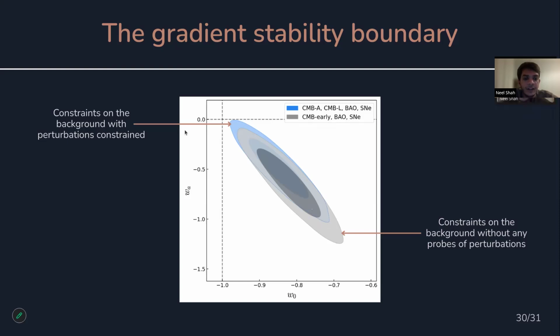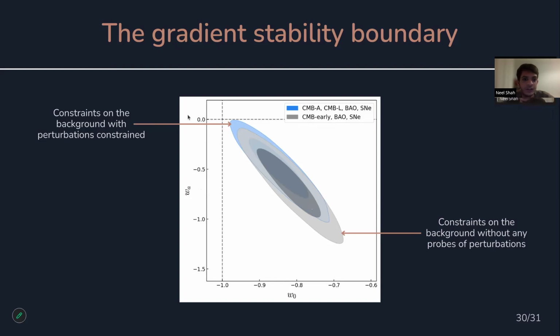And then we see that when we include information about dark energy perturbations, the constraints on W0 and WA are shifted. This is again due to the gradient stability condition. This condition introduces correlations in the joint parameter space of our 4 parameters, W0, WA, CB, and CM.